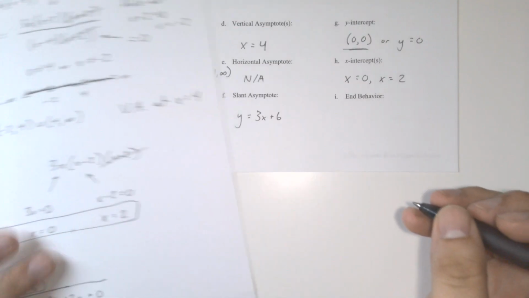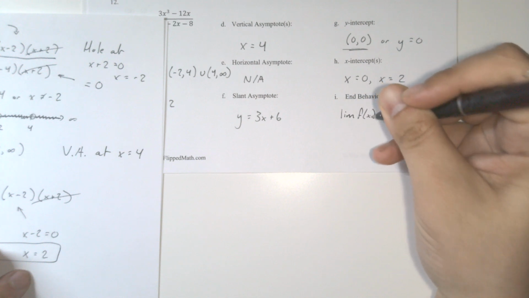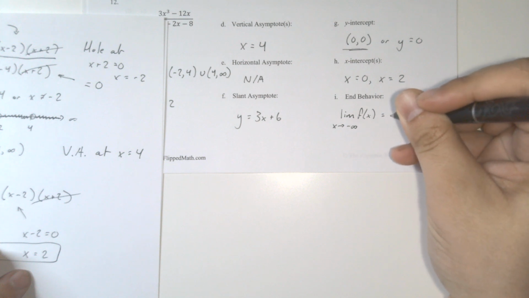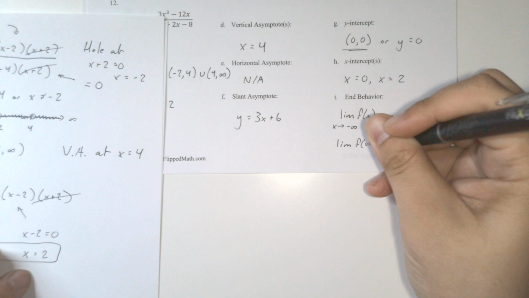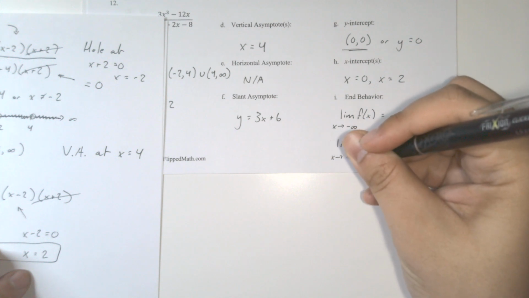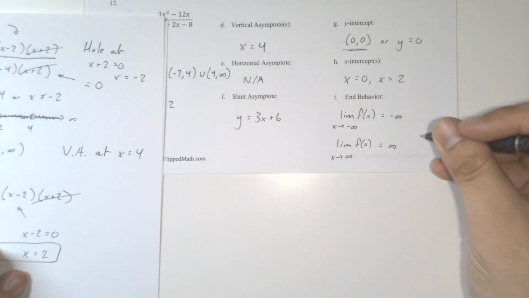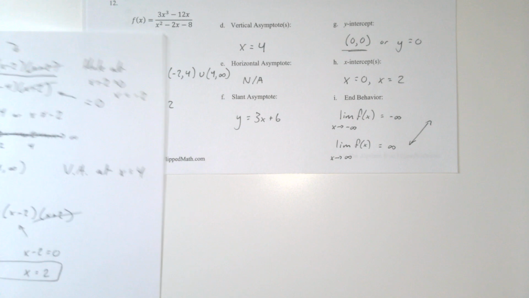And so we would say that the limit of f of x as x approaches negative infinity is equal to negative infinity, and the limit of f of x as x approaches positive infinity is equal to positive infinity, because again that corresponds to a function that has end behavior like that.